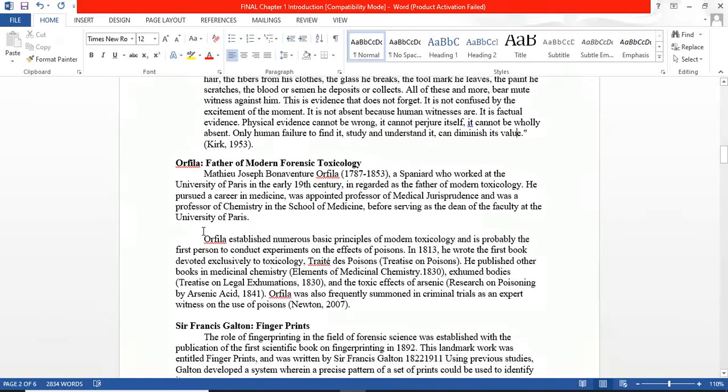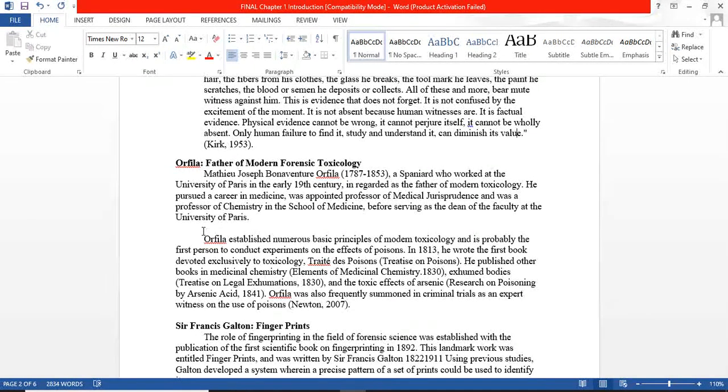Orfila established numerous basic principles of modern toxicology and is probably the first person to conduct experiments on the effect of poisons. In 1813, he wrote the first book devoted exclusively to toxicology, Treatise de Poison or Treatise on Poisons.